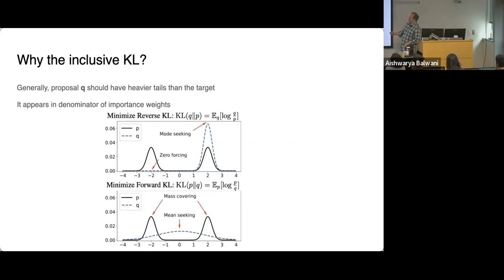When you minimize the reverse KL from Q to P, the optimal Q is one that puts all of its probability on a mode. It's mode seeking behavior. The reason is that P appears in the denominator here, and so if Q puts probability in places where P is 0, you end up with a diverging KL divergence. You get a log of infinity.